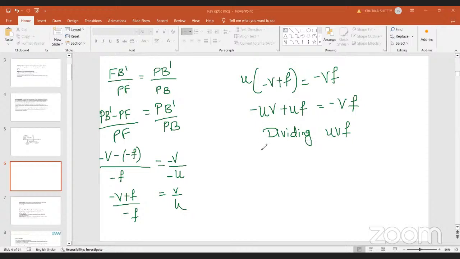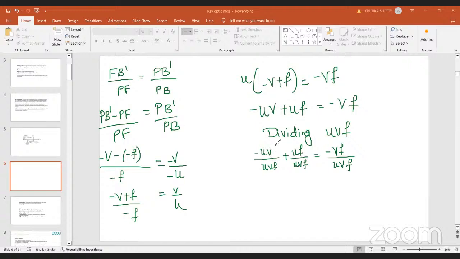So dividing both sides by UVF, here the first term, look, this is minus UV upon UVF plus UF divided by UVF is equal to minus VF divided by UVF. So here we cancel the same terms and the derivation is over.